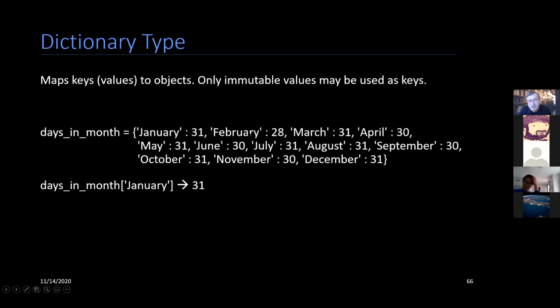And February is what I use to look up how many days for February. So instead of putting an index number in here, I put the keyword. That's the basic dictionary type in Python. Dictionaries are used a lot in the Pythonic approach to things.